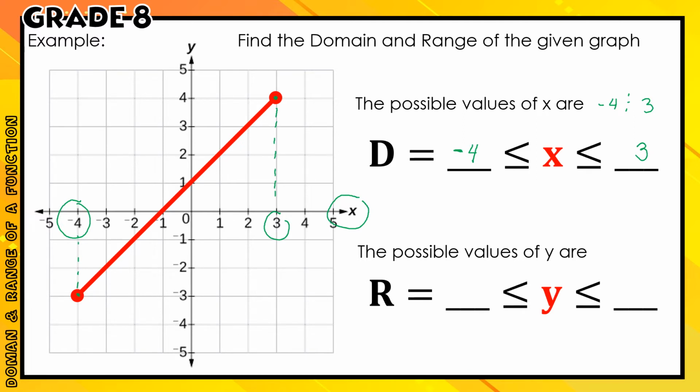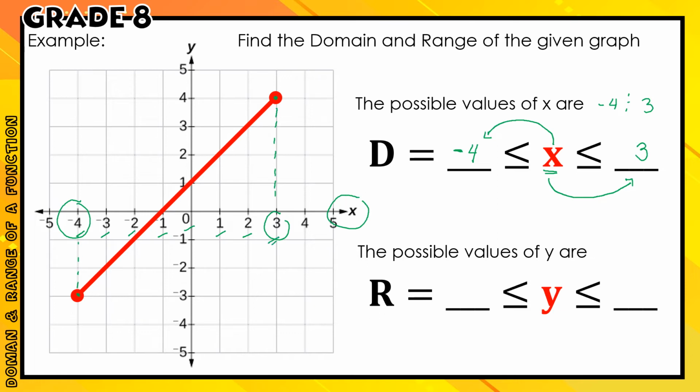So, the domain, x, is greater than or equal to negative 4. Ibig sabihin, pwedeng negative 4, negative 3, negative 2, negative 1, 0, positive 1, positive 2. Pero sabi, may another restriction, but less than or equal to positive 3.